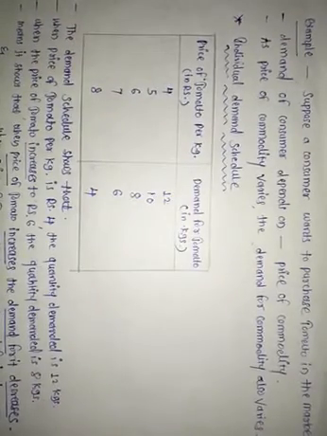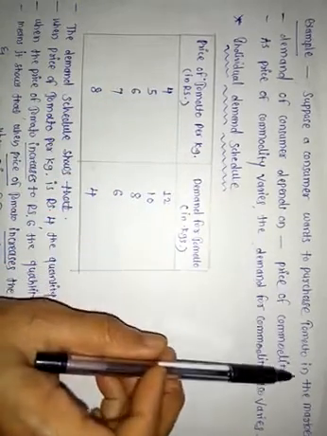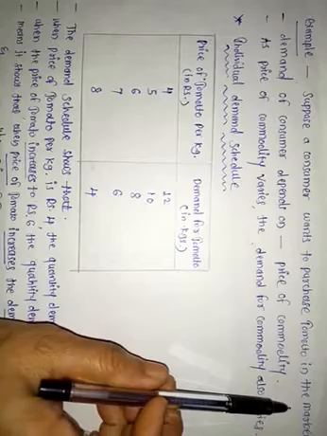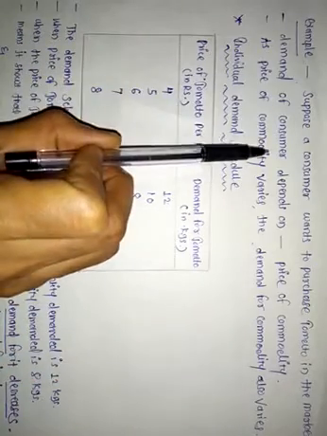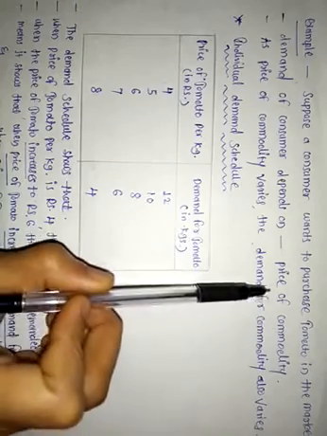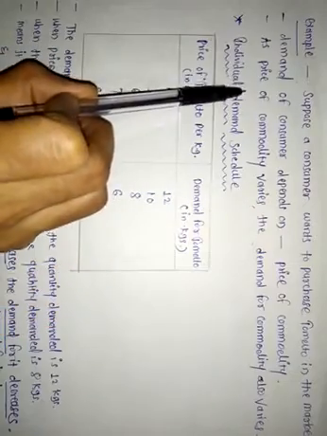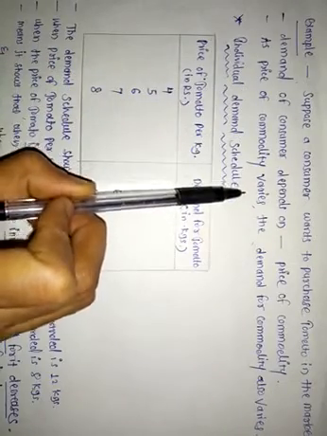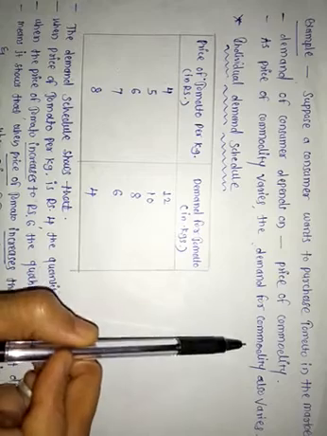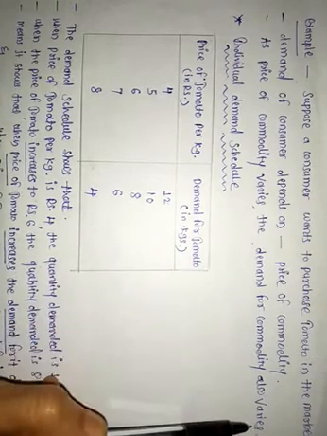Students, we will explain this with the help of an example. See here, suppose a consumer wants to purchase tomato in the market. Here, the demand of the consumer depends on the price of the commodity, and as the price of the commodity varies, demand for that commodity also changes.